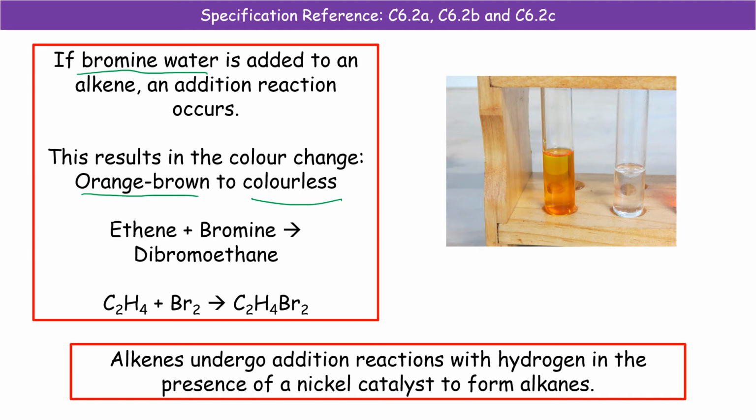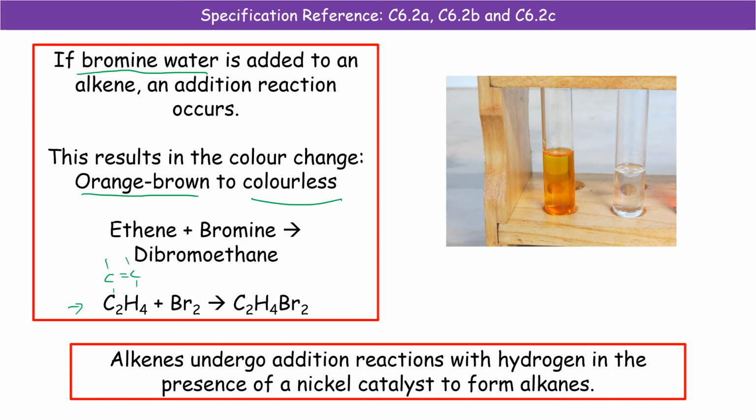The reason for that is with an alkene, the bromine is just going to add to the ethene molecule. We're going to do an addition reaction here. So if we look at the balanced equation, it's potentially a bit easier. We've got C2H4, that's got a double bond, remember, between our 2 carbons there.